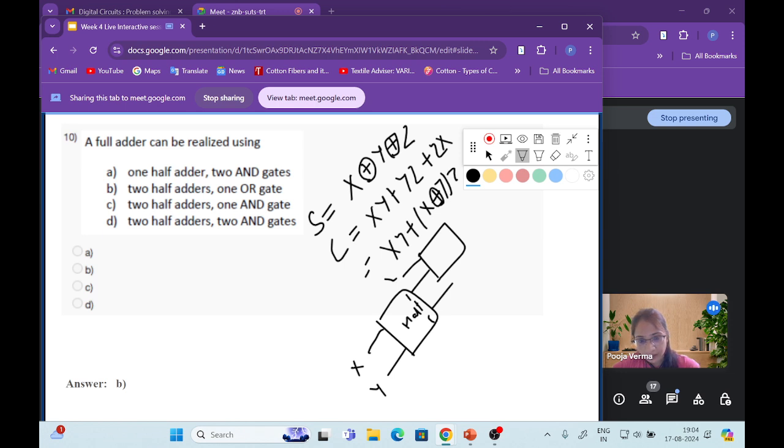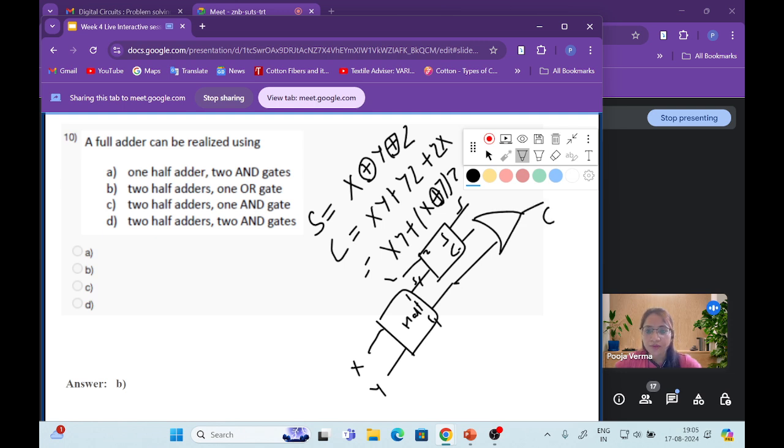So we need two half adders. From here we will get the total sum. Here, can we take S1 or C1? Yes, C, the overall carry. And if we add these two carries, we will get the overall carry.